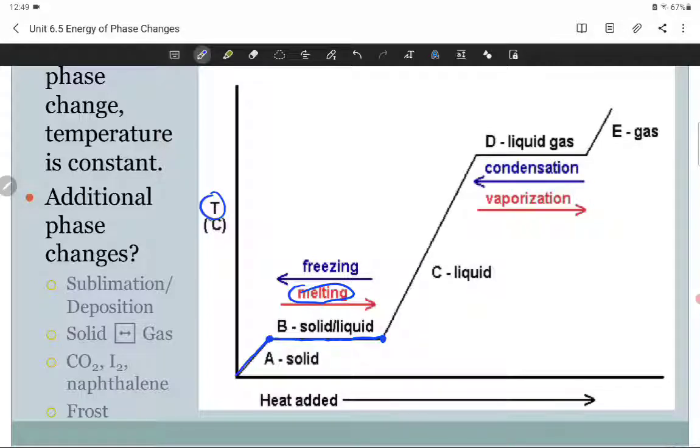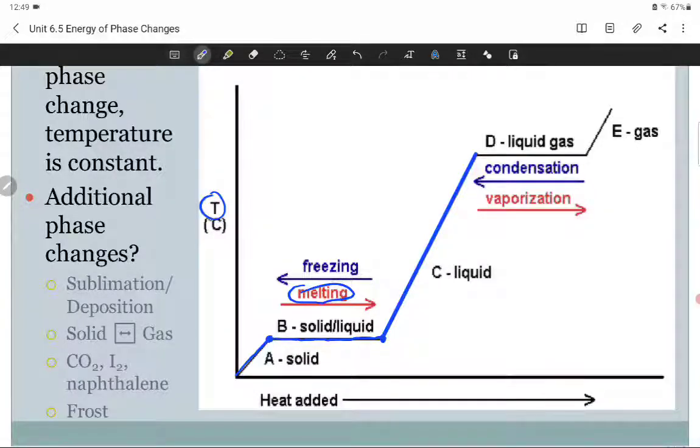So where is all that heat going? It's going towards breaking all those intermolecular forces that are holding the solid as a solid. Once all those have been broken, then it's a liquid, and that liquid will additionally add heat, and it'll also add temperature.